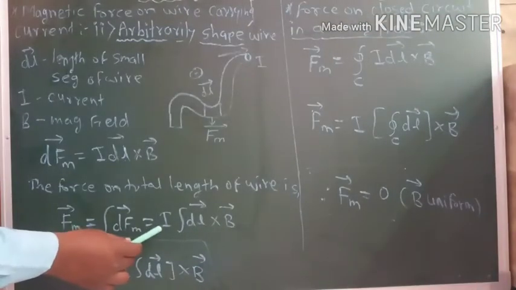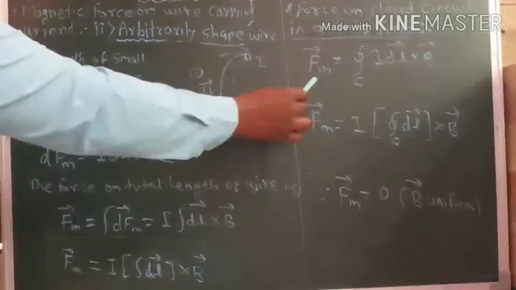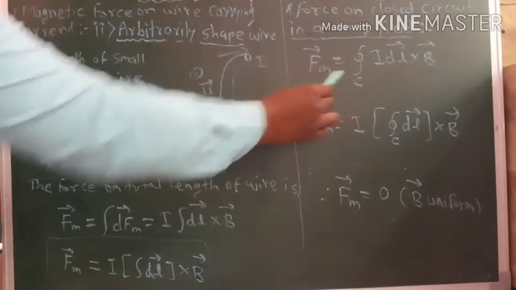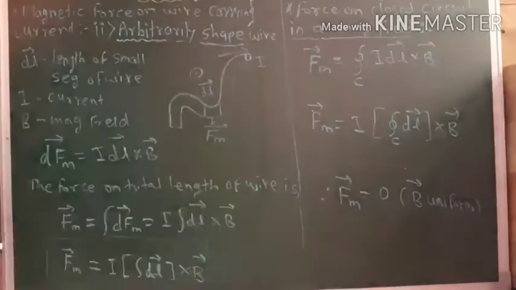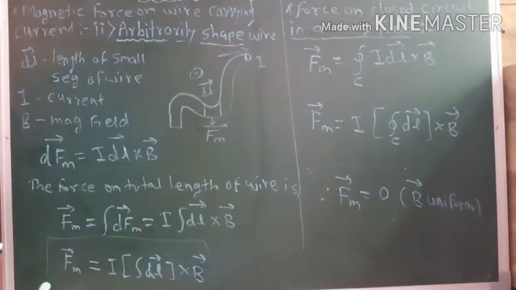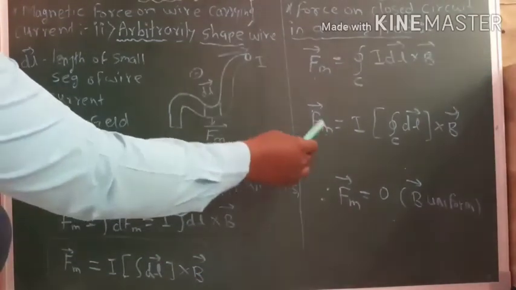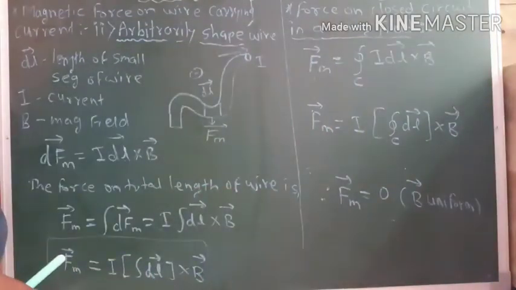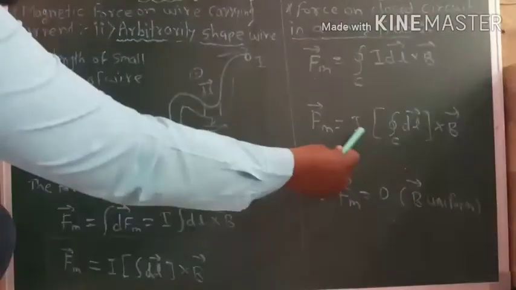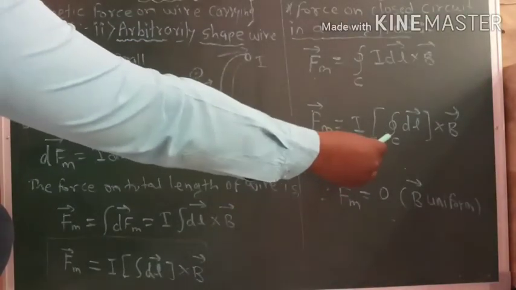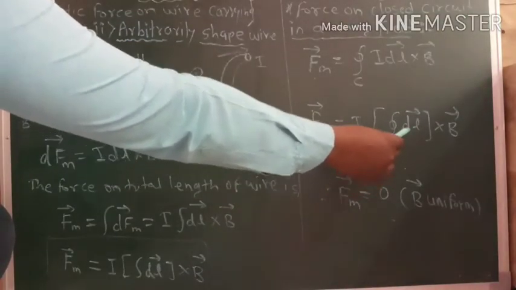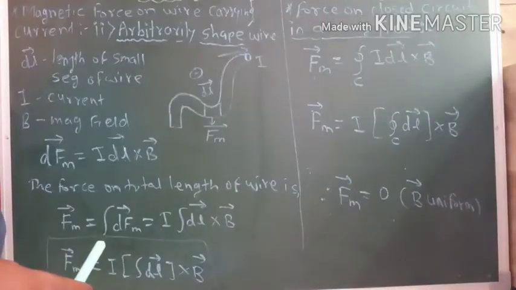We write this equation only for the closed circuit loop, with suffix C on the integration. I is a constant term, therefore we can write it outside: F_m vector equals I, the integration over closed circuit C of dl vector, cross B vector outside the bracket.